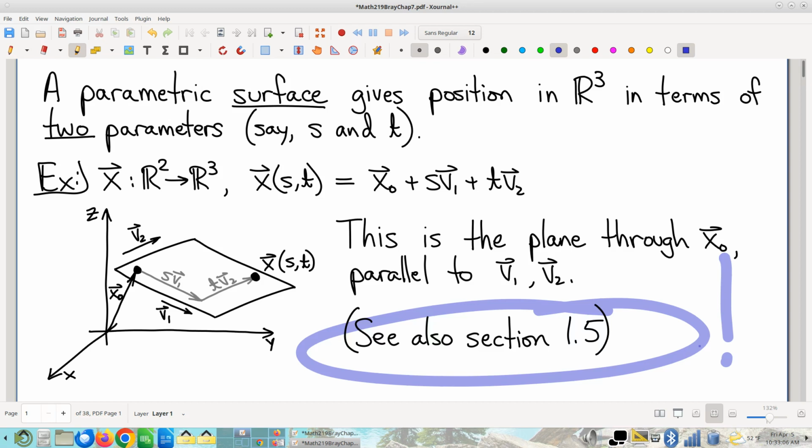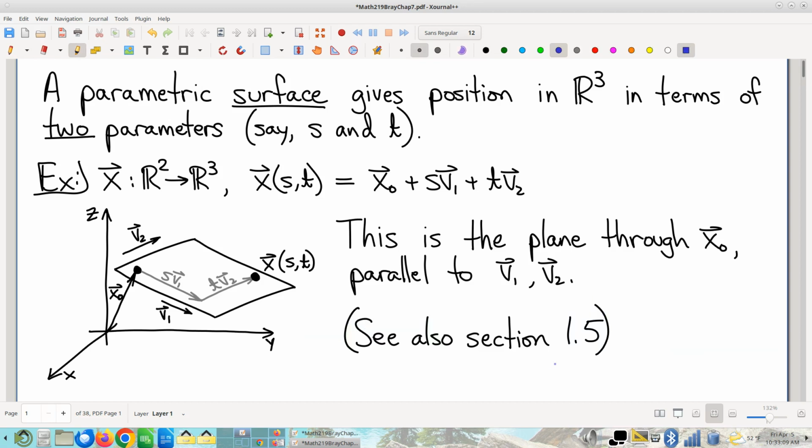But anyway, we've written stuff like this down in some context, and the idea is that if you want to talk about points in this plane, and what you're given is a single fixed point on the plane and a couple of direction vectors parallel to the plane, I appeal to your geometric intuition. If you know one point on the plane and if you know two directions parallel to the plane, that does define which plane you're talking about, right?